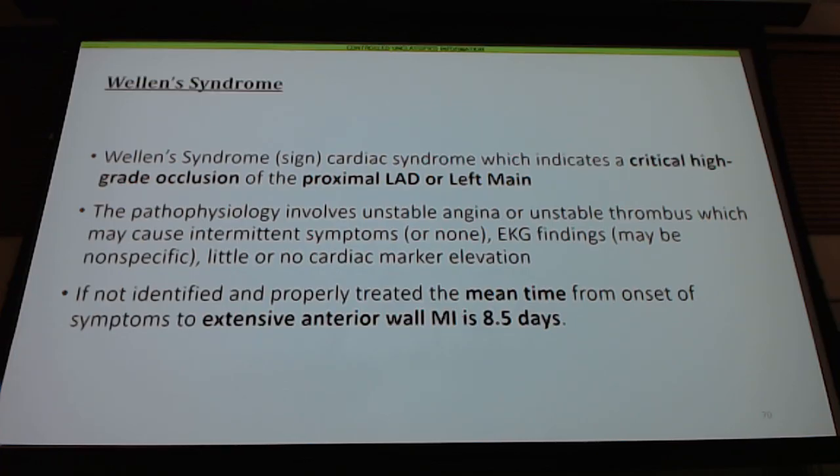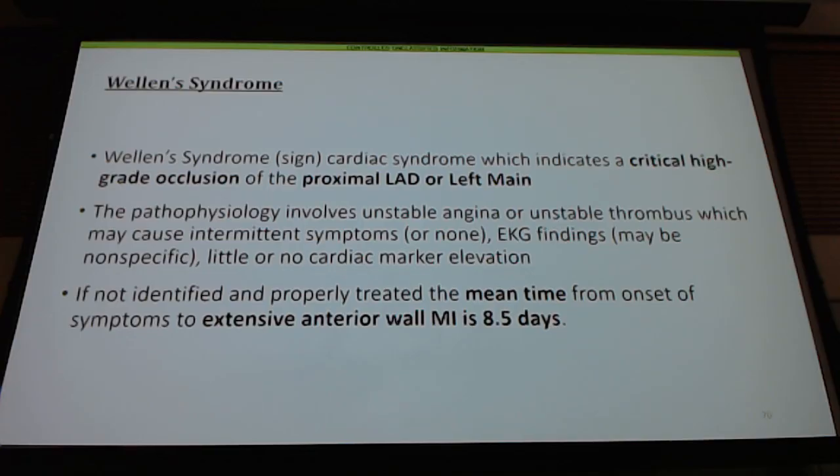Another condition to be concerned about is Wellens syndrome. So we talked about left anterior descending, we talked about left circumflex, we talked about right coronary, but we haven't talked about the left main coronary artery, which provides the perfusion to not only the left anterior descending, but also the left circumflex. So you can imagine, if we have an occlusion up this high, imagine the devastation that's going to occur if that occludes 100%.